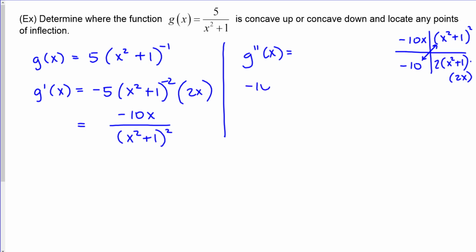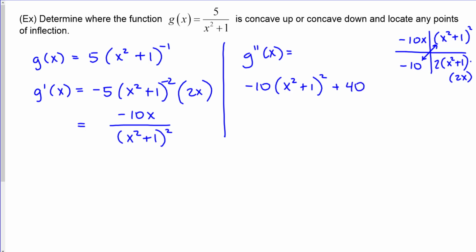Negative 10 times x squared plus 1 quantity squared minus, and then I need to multiply negative 10x times 2 times x squared plus 1 times 2x. So let me do some things together. So it's minus, the negative 10 is going to make this a positive 10, but then I have 10 times 2 times 2, so this is actually 40.